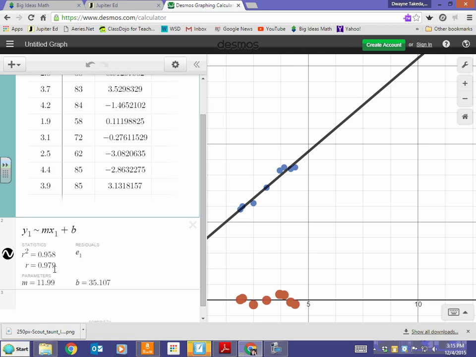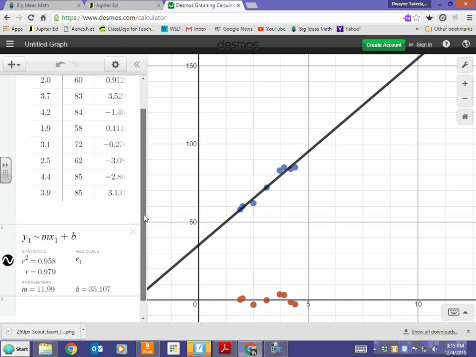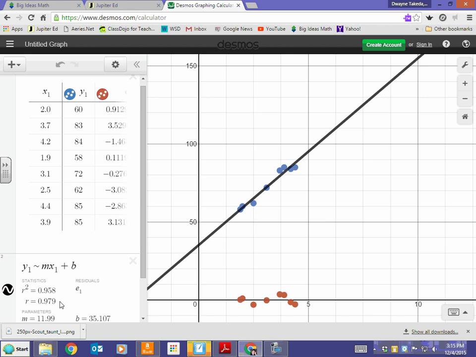The closer this is to 1, the better your line of best fit is. If it's close to 0, then it's not a real good correlation. So this one, because the calculator came up with it, this is the best possible, and it's a 0.979. So this is a really strongly correlated line of best fit for this data.